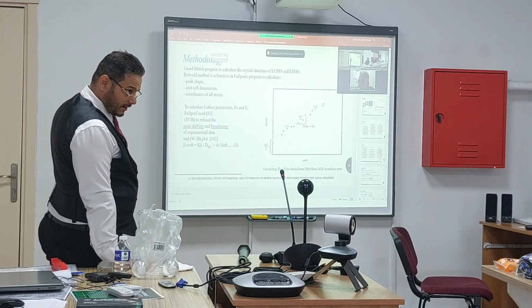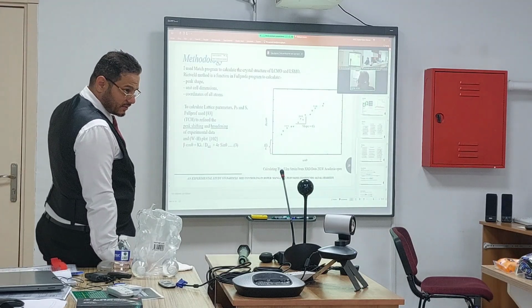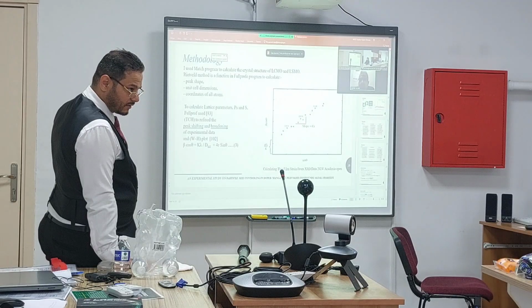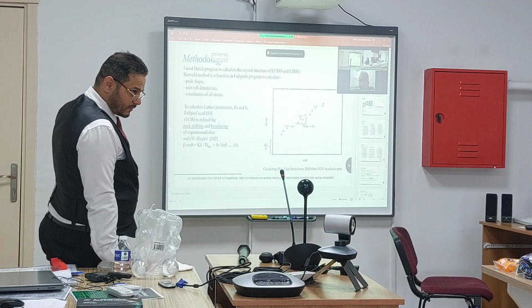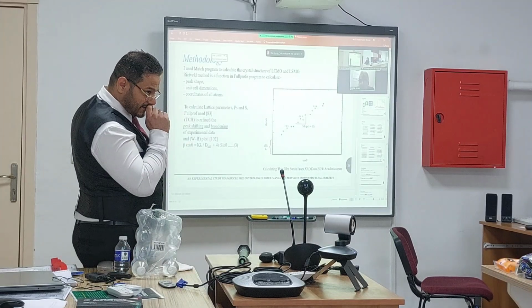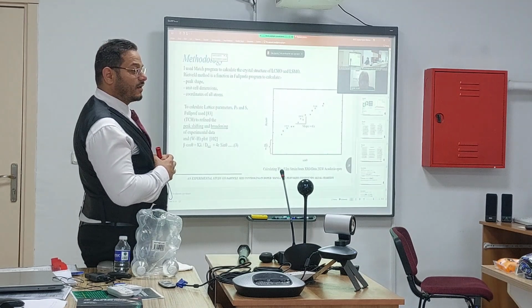If you say calculate, I think it's a mistake, because that means it's a number. You have to choose a suitable structure to compare by using Rietveld refinement, right? So you can't say calculate; determine is better. How can you use this program?